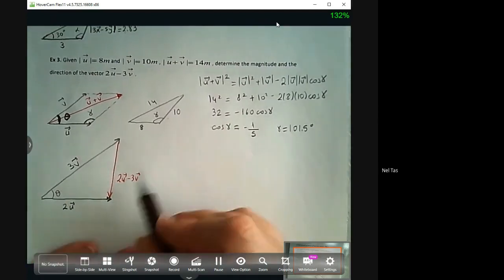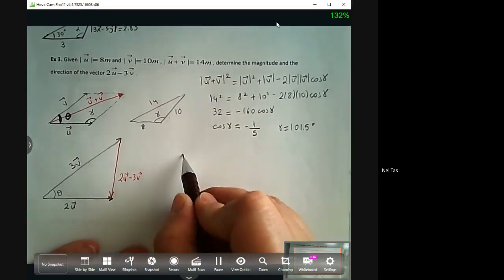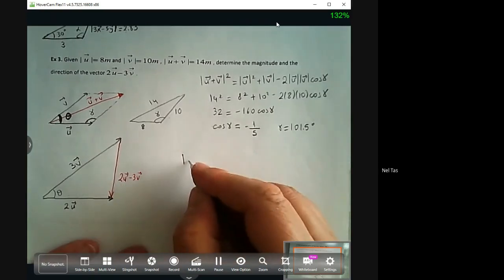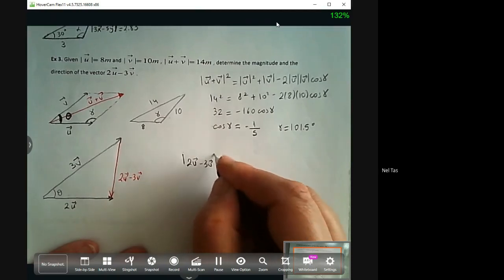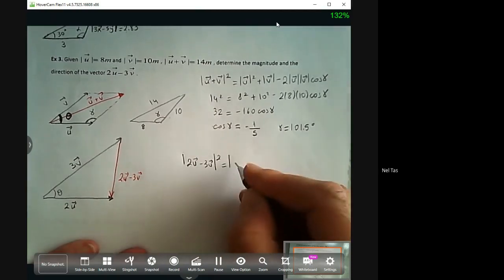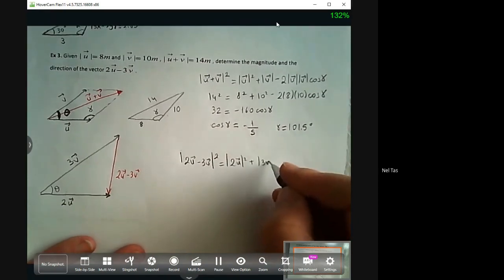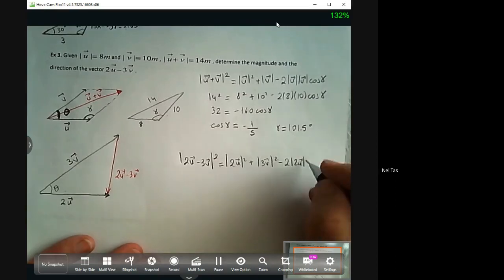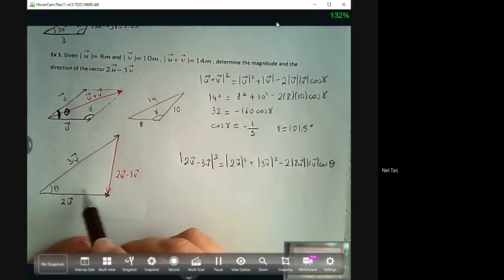Then what is theta? Because that's what I need, right? So let's write the magnitude of 2u minus 3v. 2u minus 3v squared. So 2u squared plus magnitude of 3v squared minus 2 times 2u, 3v, cosine theta using this.